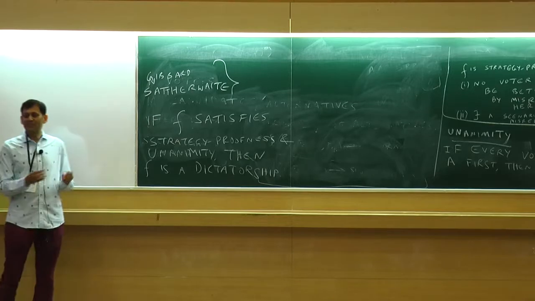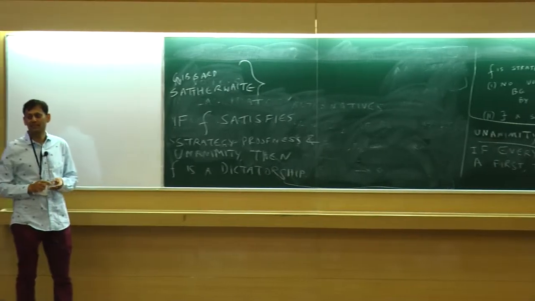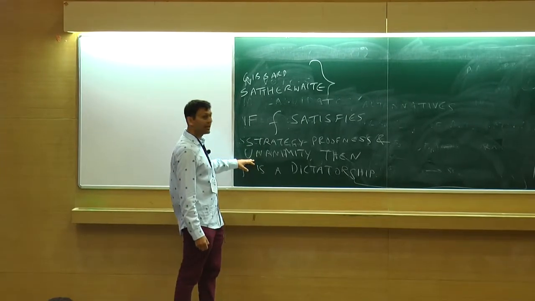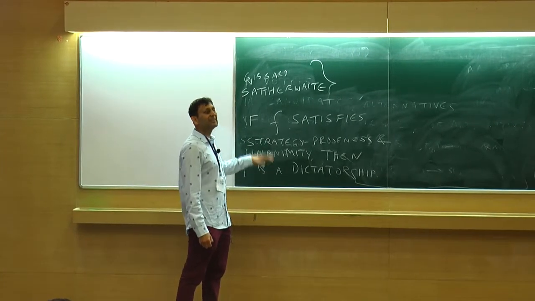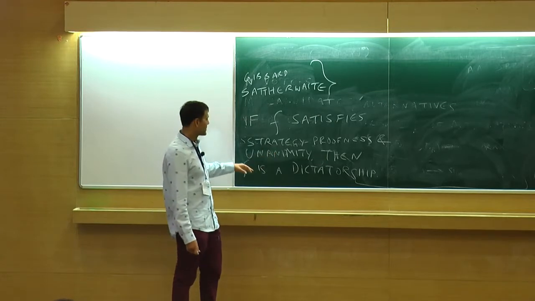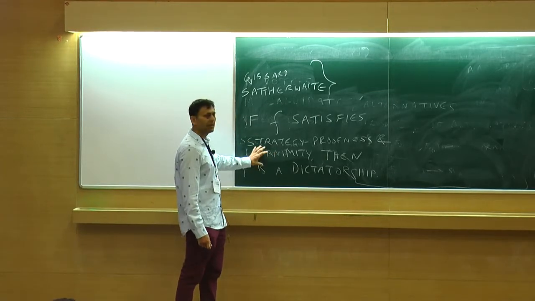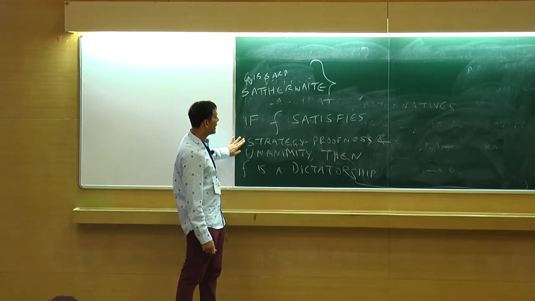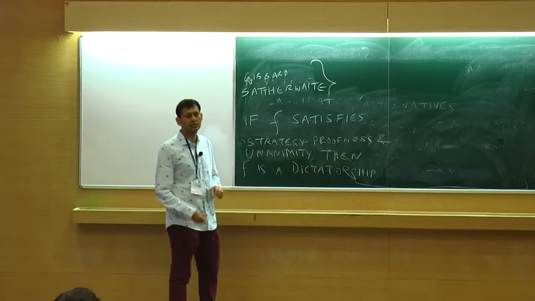And I don't know if any is like stronger indictment of democracy than this, okay? So you're going to choose a single winner if you want it to be strategy proof and unanimous. Unanimity is about the weakest condition that you would want on a voting rule. And if you also want it, in addition to unanimity, without which a voting rule is not really a voting rule, and you want strategy proofness, then the only thing that works is a dictatorship.